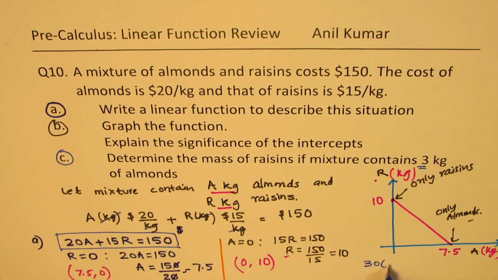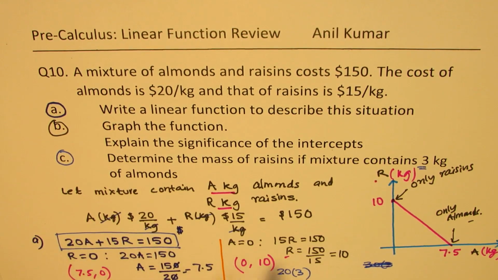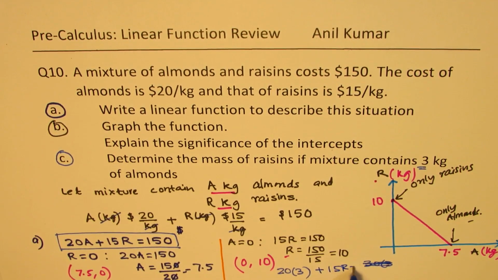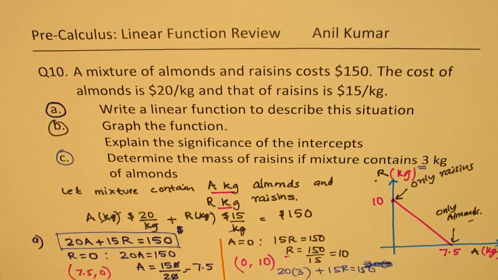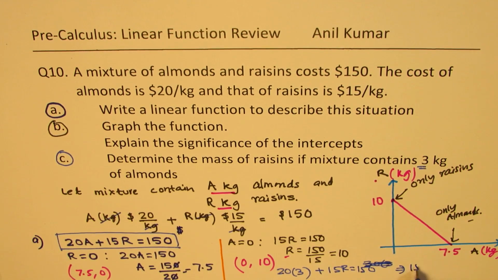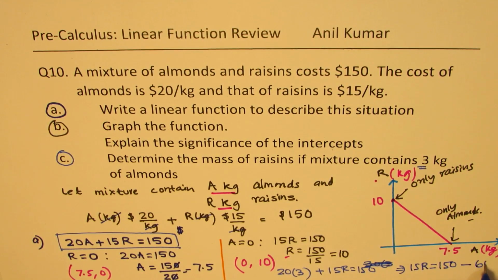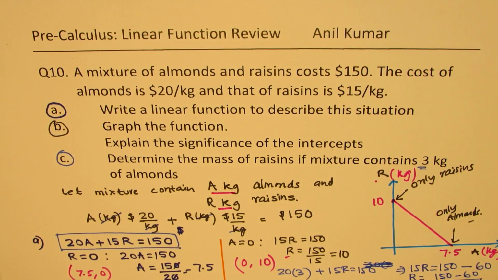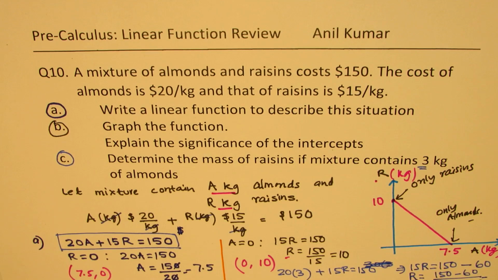We get 20 times 3 plus 15R equals 150. That is 60, we'll take it to the right side. That gives you 15R equals 150 minus 60.